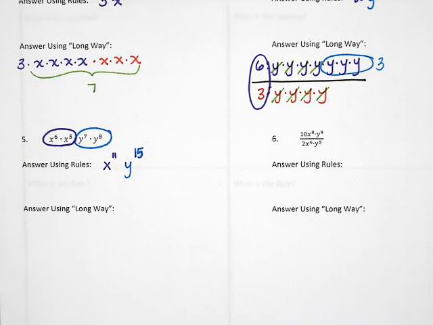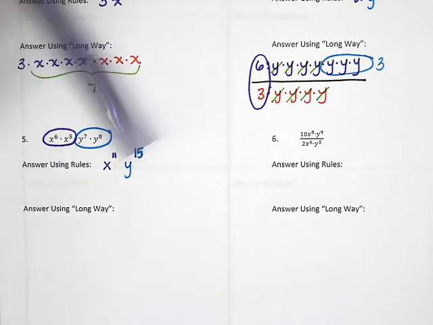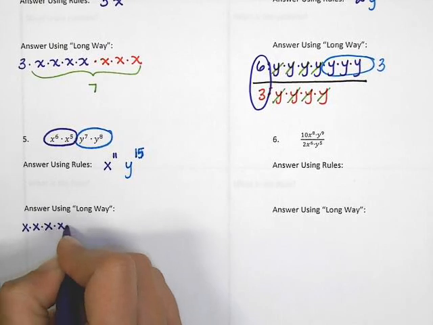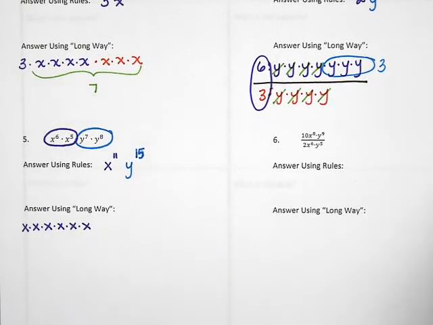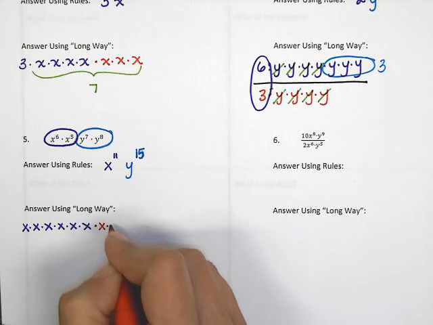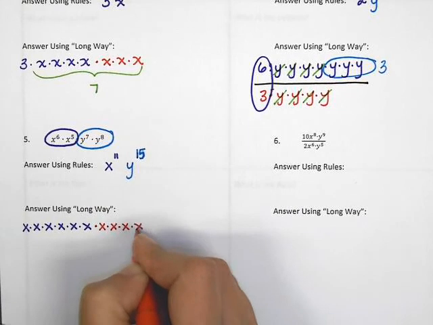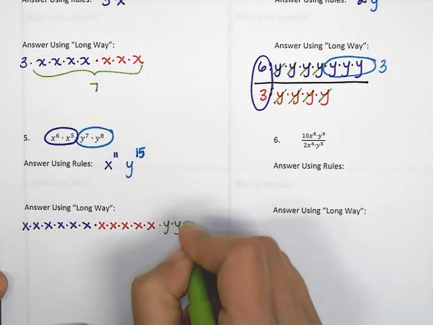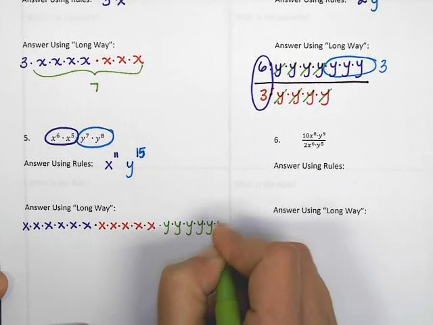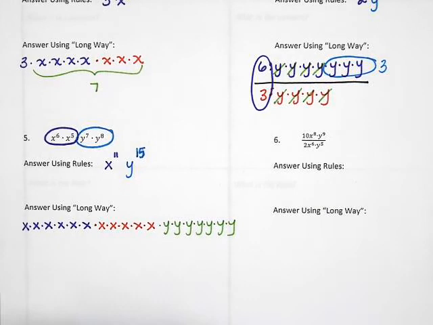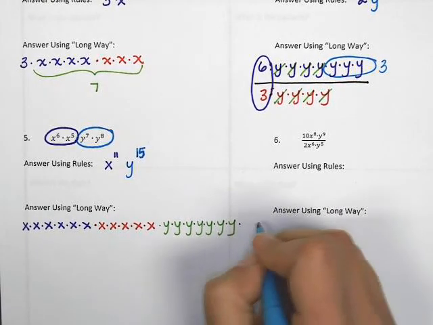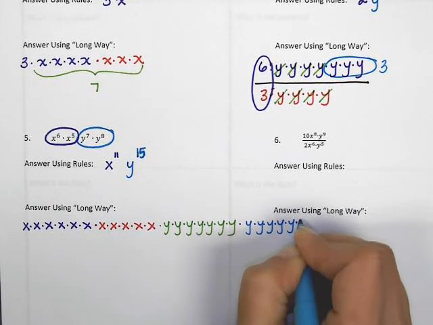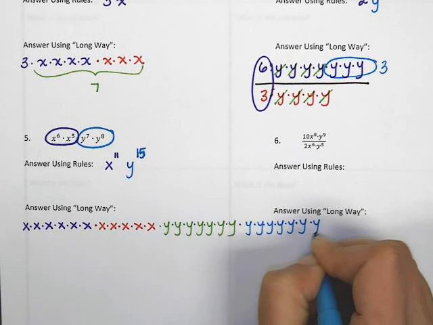So now what if I wrote this out the long way? Well, the long way, I would write x times x times x times x times x times x, and then 5 more of them, 2, 3, 4, 5, and then I would write out times 1y, 2, 3, 4, 5, 6, 7, and then another one times 1, 2, 3, 4, 5, 6, 7, 8.